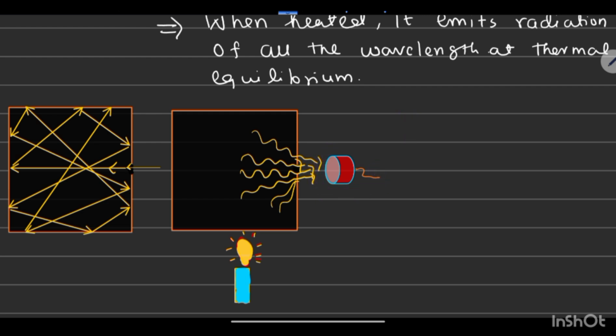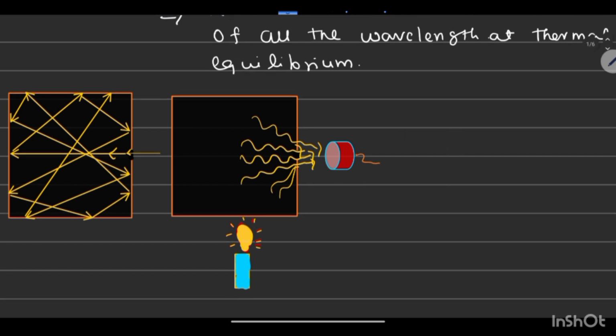If you ask for some other lambda dash, it will give the intensity corresponding to this lambda dash. Likewise, it decomposes the total intensity spectrally, wavelength-wise or frequency-wise.